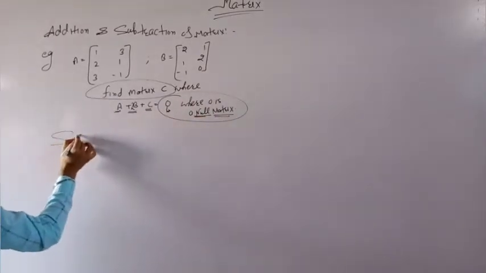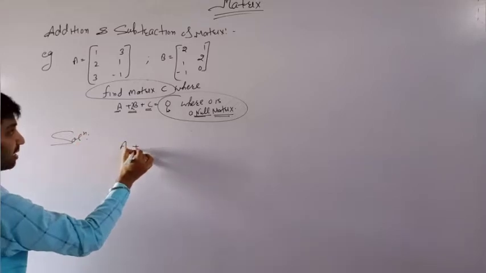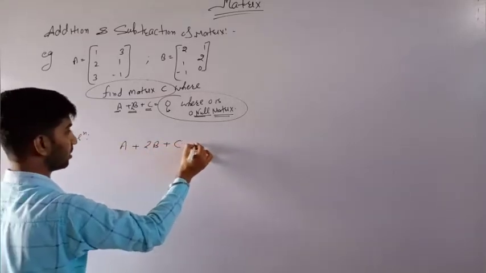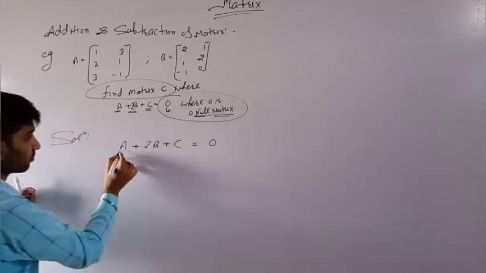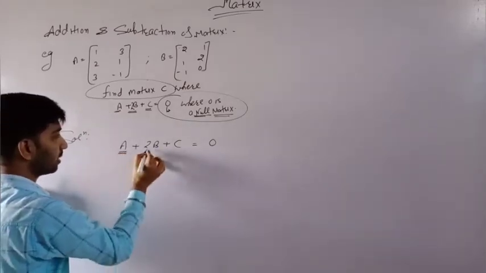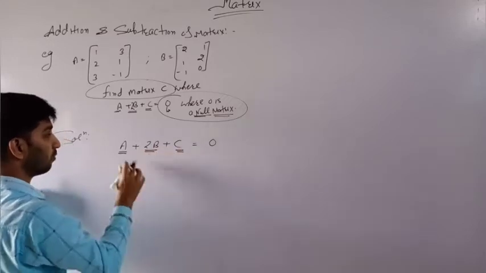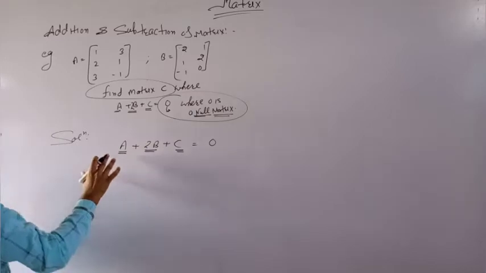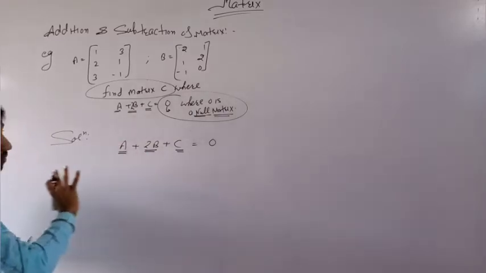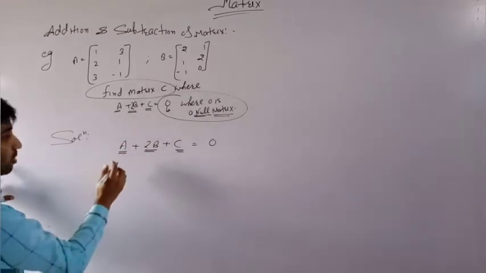Now we solve that. First of all, it is given that A plus 2B plus C is equal to 0. Here we see that we want to add A, 2B and C. If we want to add or subtract two or more than two matrices, then their order must be the same. Now check the order of A.